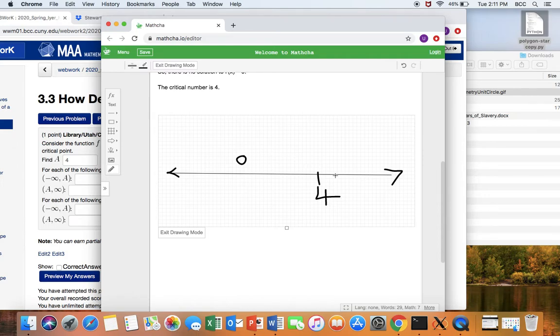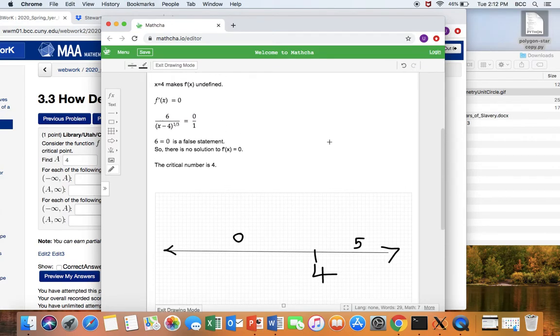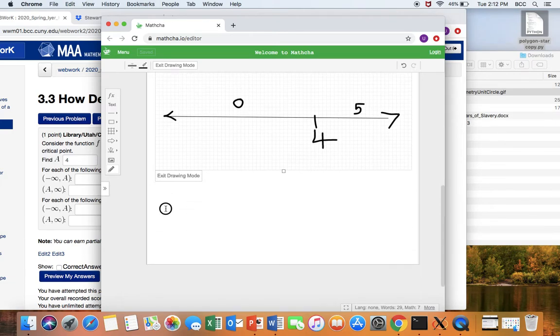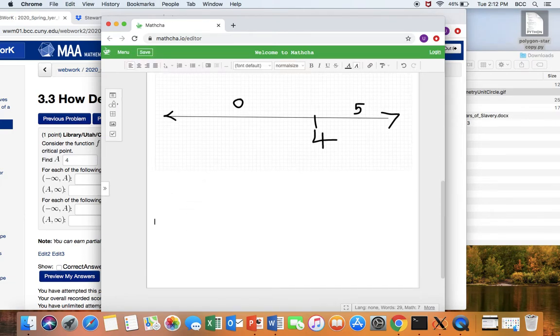Choose any number you like on the right hand side. I like, say, 5 or 6. 5 is a good number here. 5 is the number I choose here, and 0 is the number I choose on the left. Why do I choose these? Because I want to figure out the sign of f prime on each interval.